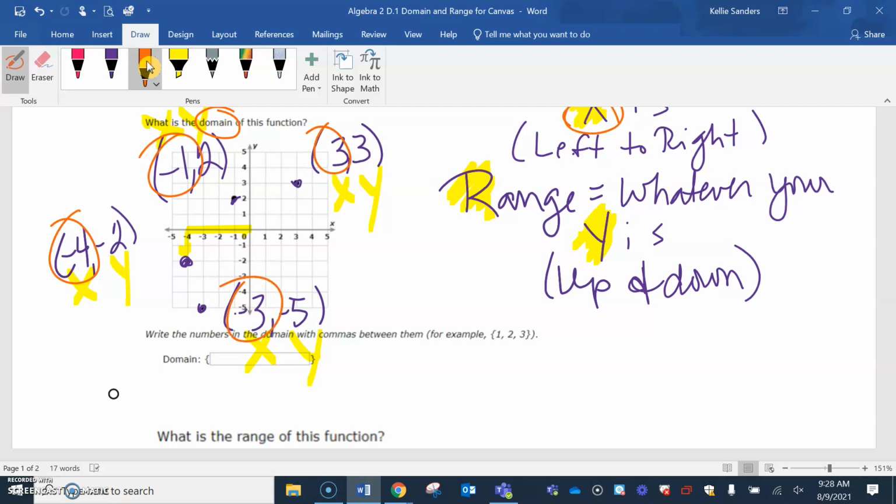Now, when you are just listing them, they do not have to be in order. They can be in any kind of jumbled order, and the computer's going to take it. But if you have repeating numbers, you do not have to put them twice. In this case, we don't have any repeating numbers, so I'm putting everything that I see. Okay, and notice that I didn't put them in order, but I did put everything down that I had circled.